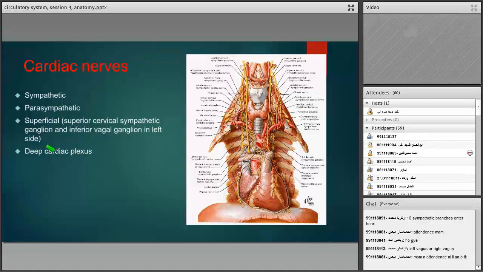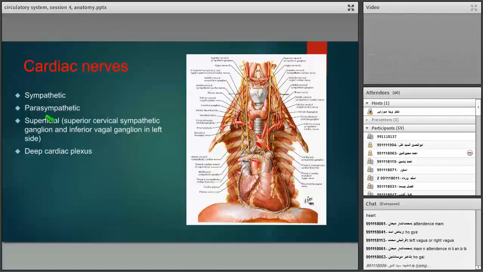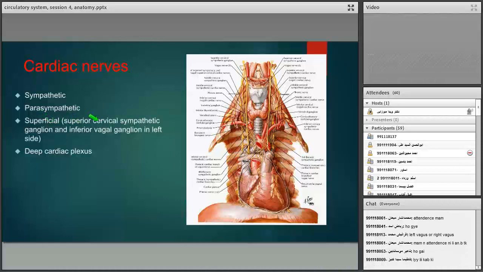The 2 branches which are forming the superficial plexus are the branch coming from the superior cervical sympathetic ganglion and the inferior vagal ganglion branch on the left side. Except these 2 branches, all of them are forming the deep cardiac plexus.